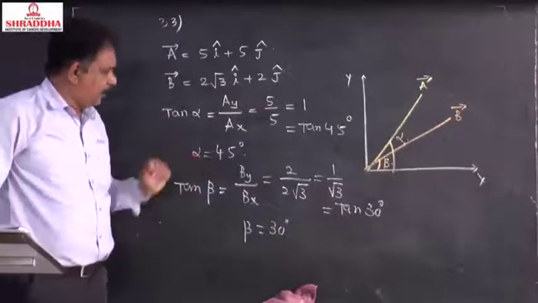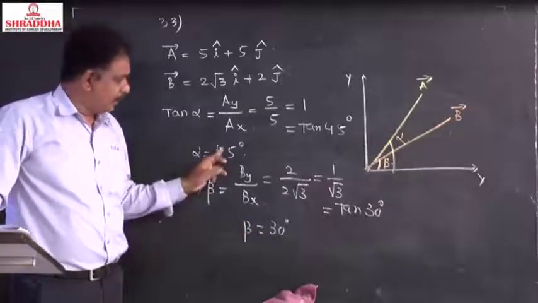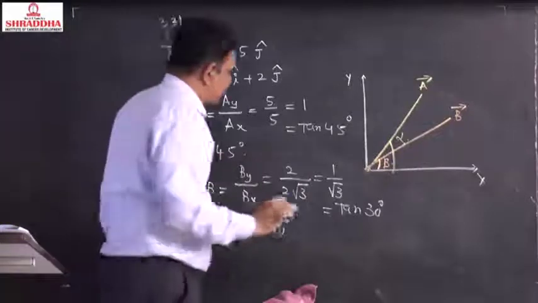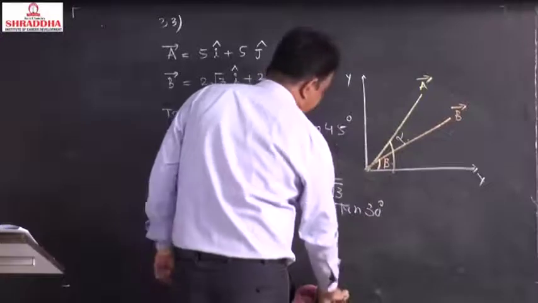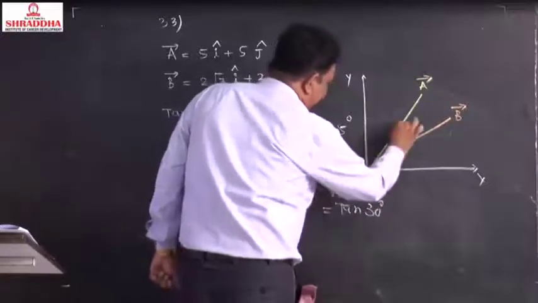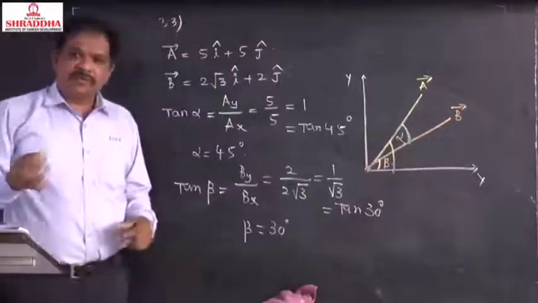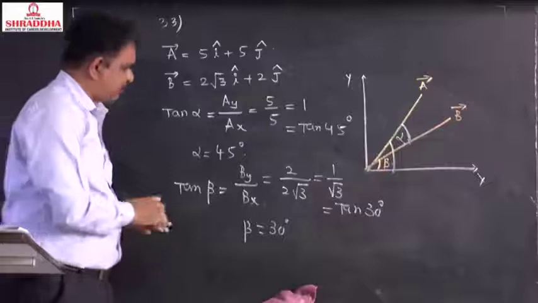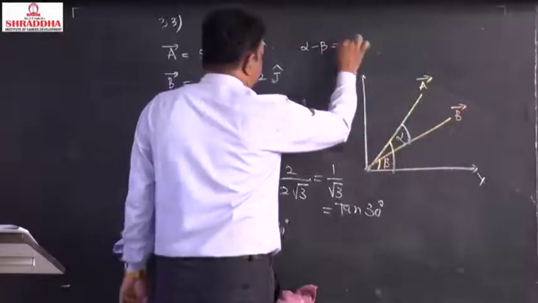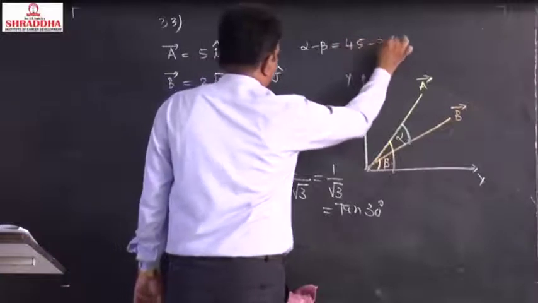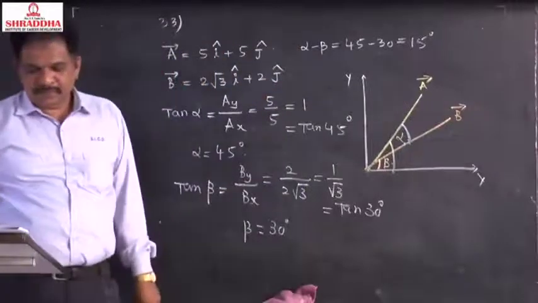Alpha value will be 45 degrees. The angle between these two is how much they are asking. That will be equal to alpha minus beta. So alpha minus beta is equal to 45 minus 30, that is equal to 15 degrees.